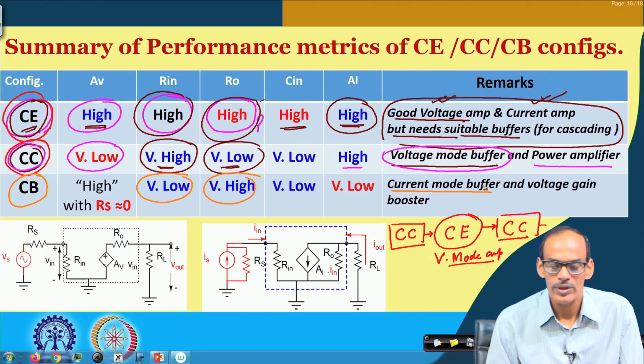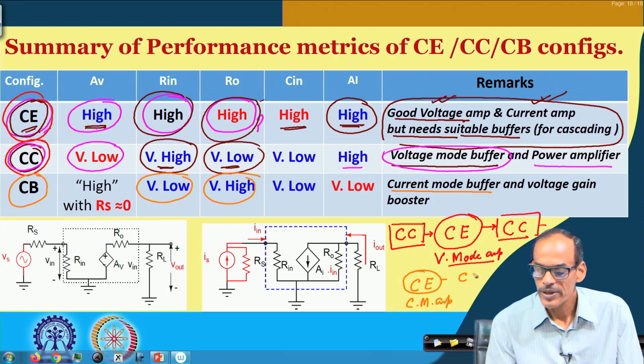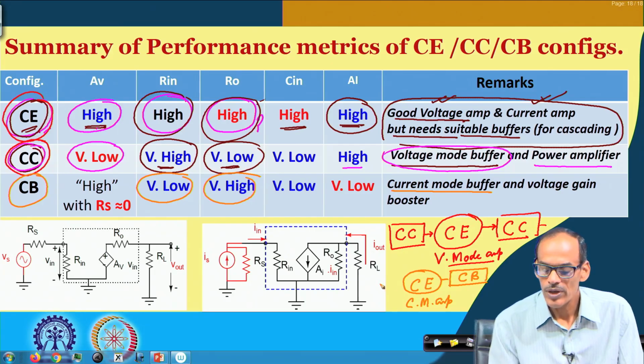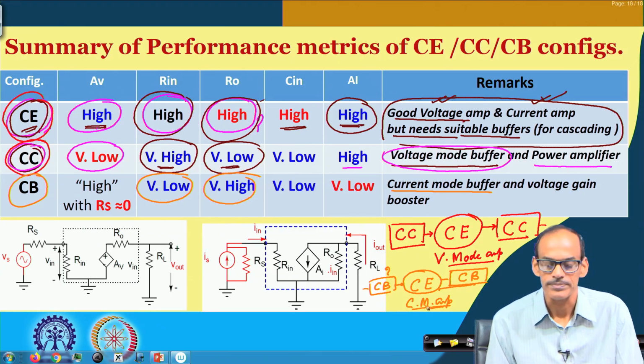So, in case you are constructing CE as a current mode amplifier, then you can put the common base configuration after the CE stage, and if it requires, probably you can put the CB stage before this one, but many times this may or may not be required, but this is important. If you put the CB stage, you can get a good current mode amplifier.